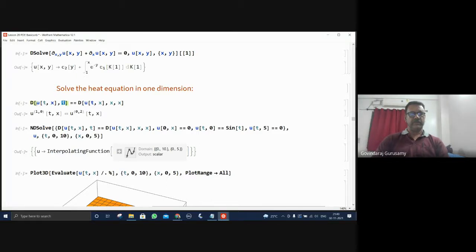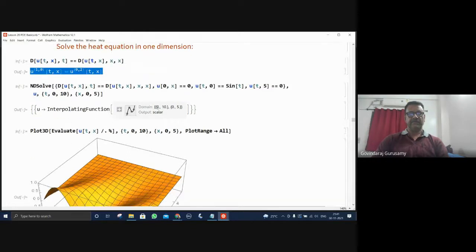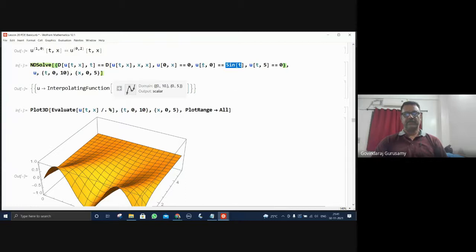Now this as it is, this is the equation that you have: dou u by dou t equals dou square u divided by dou x square. Now you can put some initial condition properly. U of t, 0. T is the first variable. I'm writing it as sine t. At time t equal to 0, or at position x equal to 0, this is the type of variation of the heat that is there.